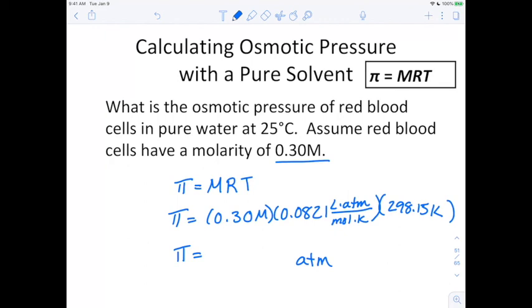All right, so I'm seeing some 7.3s in there. Excellent. All right, so go ahead and take another minute or so to calculate, and then we'll go over it.